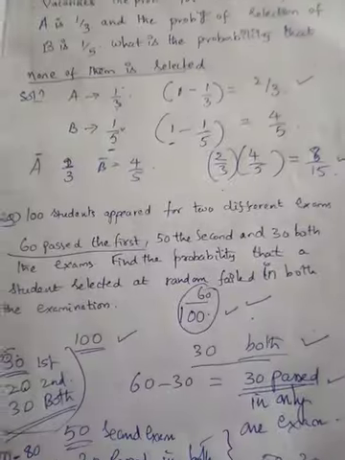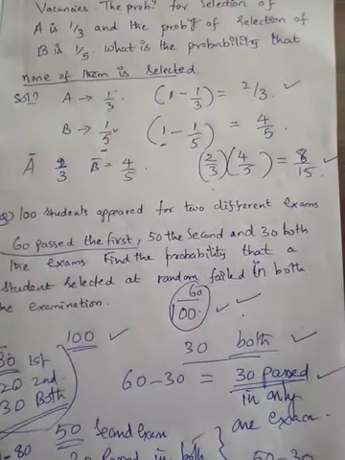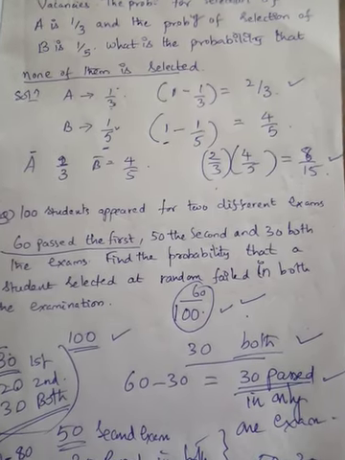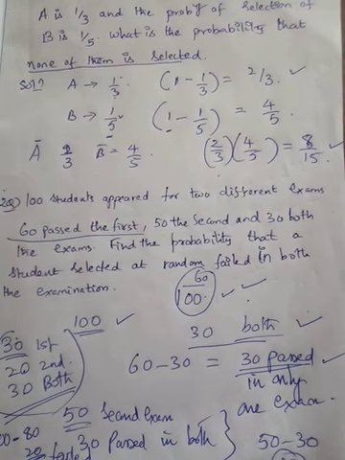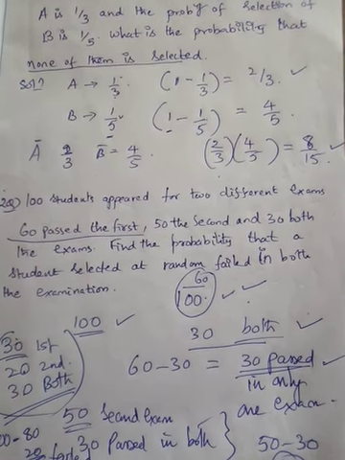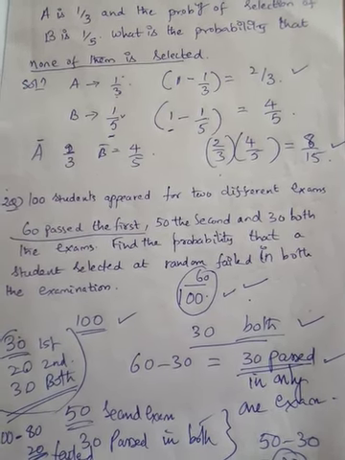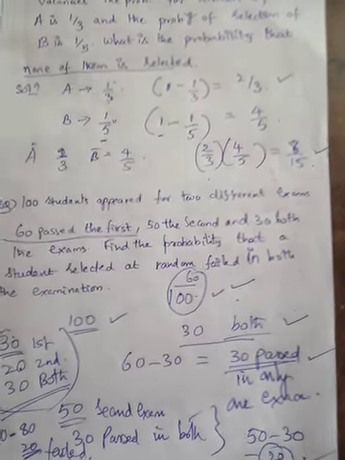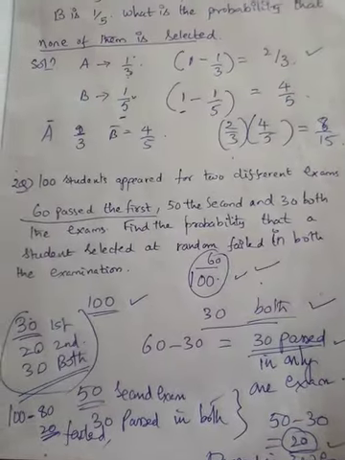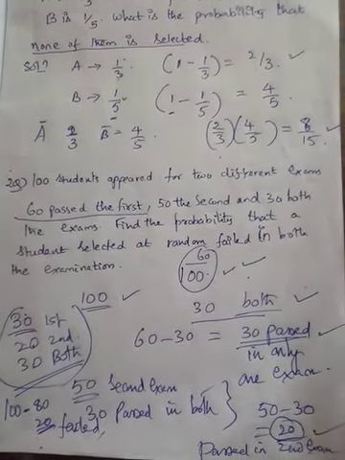So again I'm telling the question, 60 passed in the first exam, 30 passed in both. So step number 1, 60 minus 30 means 30 passed only in the first exam. In the same way, 50 passed in the second exam, 30 passed in both. So 50 minus 30, 20 passed only in the second exam. 30 commonly passed in both the exams. So the total number of students who passed is 30 in the first, 20 in the second, 30 in both.